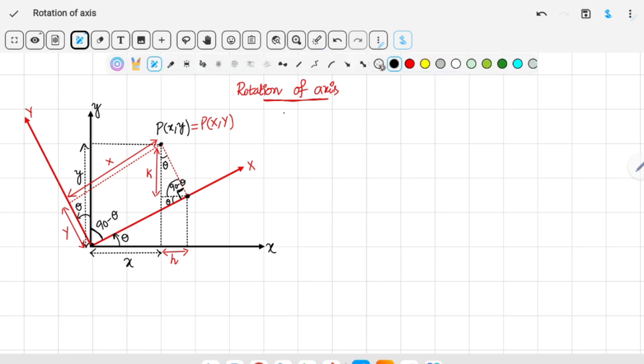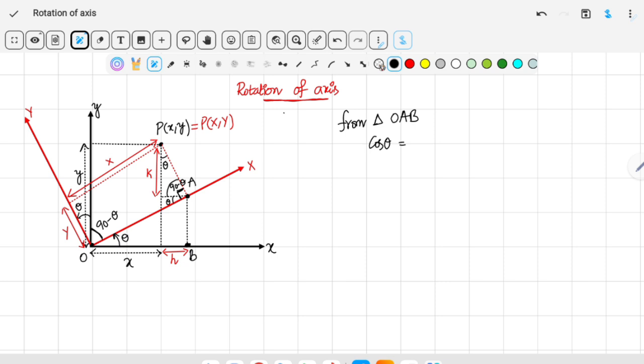From the triangle, let us say this is point O, this is point A, and consider this point as point B. Now from triangle OAB, let me write cos theta is equal to adjacent side by hypotenuse.